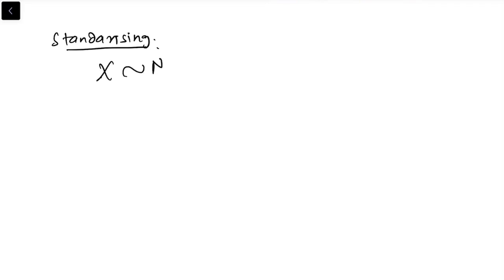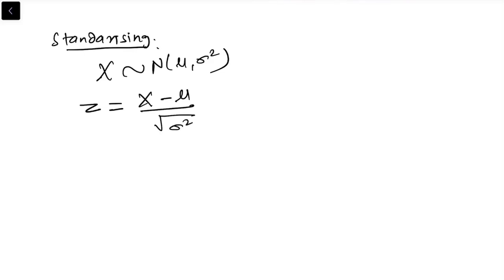So x follows normal mu, sigma squared, and if you substitute z equals x minus mean divided by the square root of variance, then this follows standard normal, that is 0, 1. This is how we can convert the normal into a standard normal. Whatever the random variable is, you simply subtract the mean from that and then divide by the square root of variance.